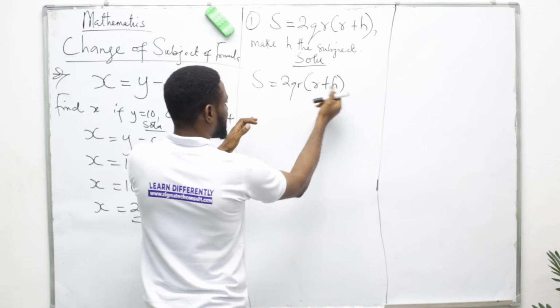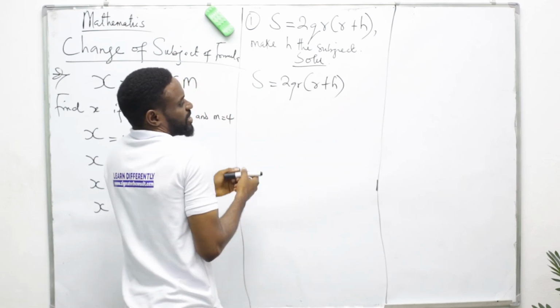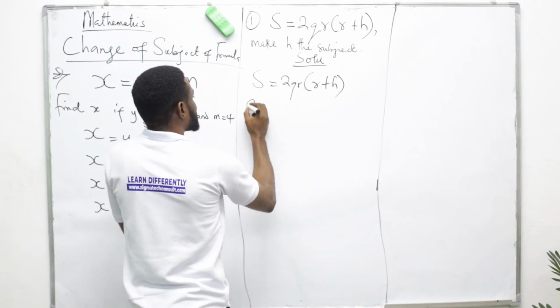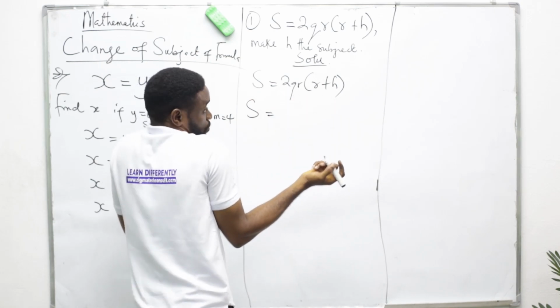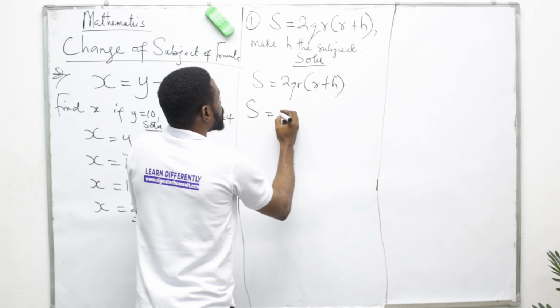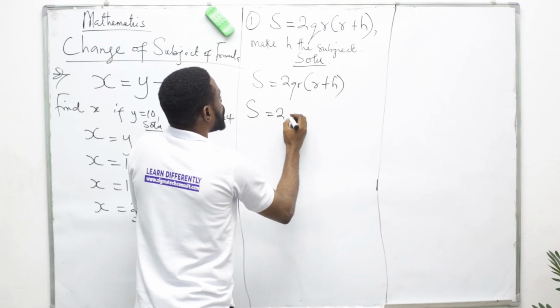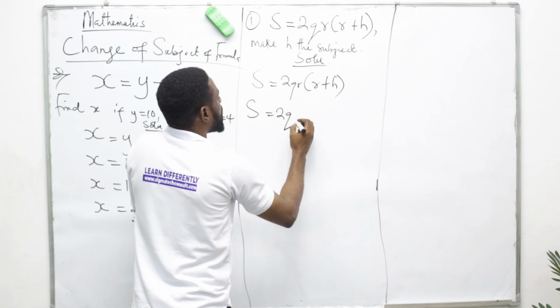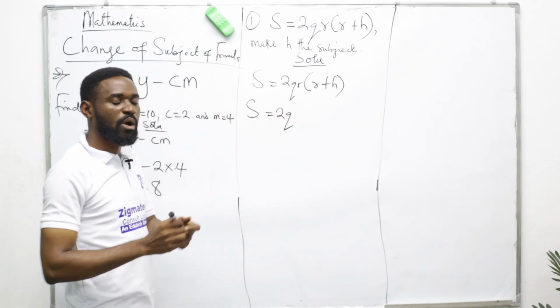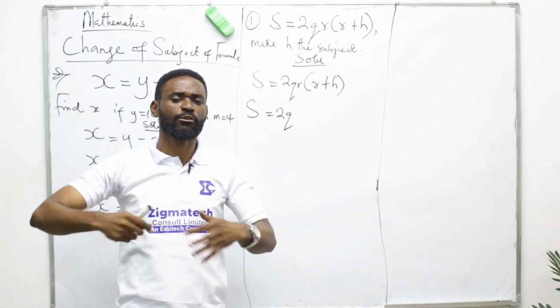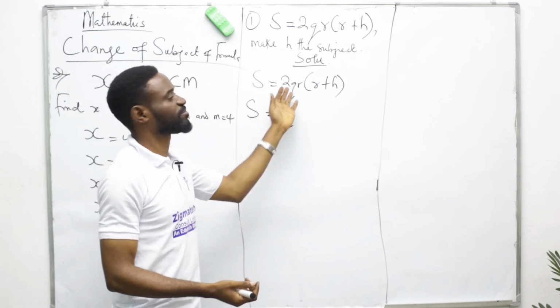Now, if we have S equal to, if we open this bracket, for example, this will mean 2QR squared. Remember when we did expansion of algebraic expressions, this is like an algebraic expression.